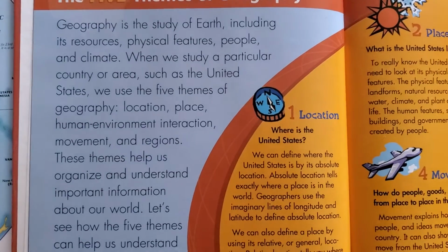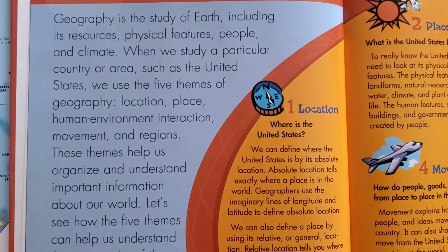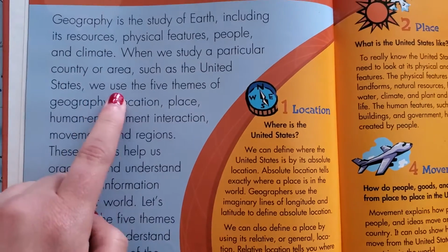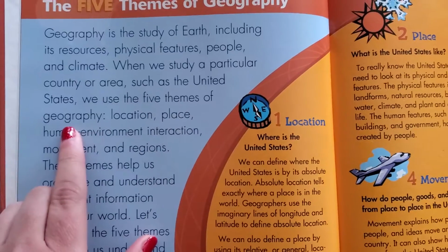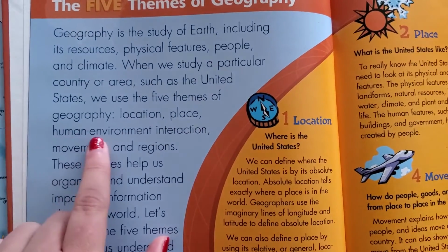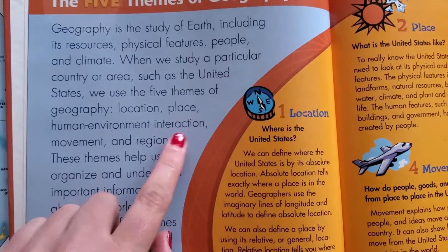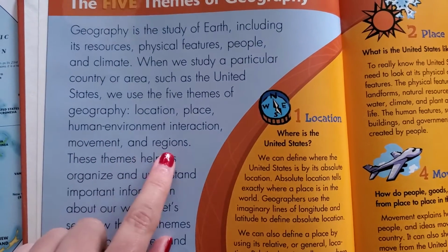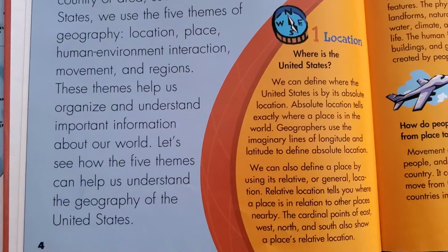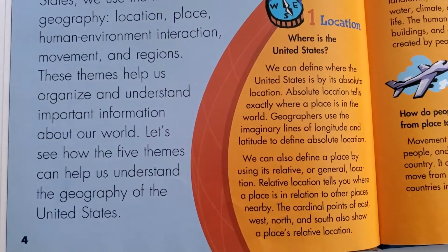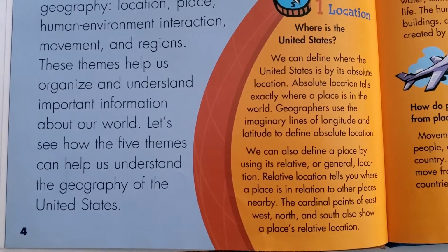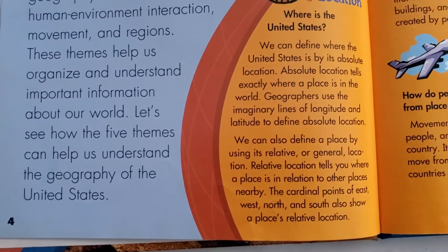When we study a particular country or area, such as the United States, which is where you live, we use the 5 themes of geography: location, place, human-environment interaction, movement, and regions. These themes help us organize and understand important information about our world. Let's see how the 5 themes can help us understand the geography of the United States.